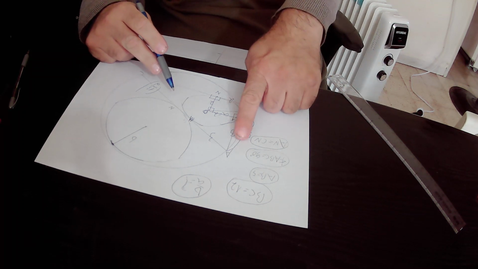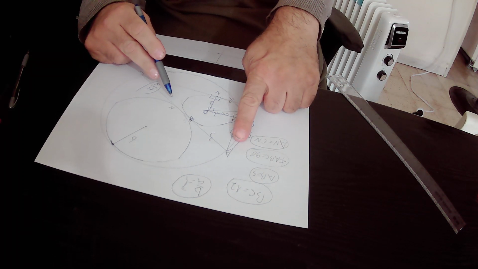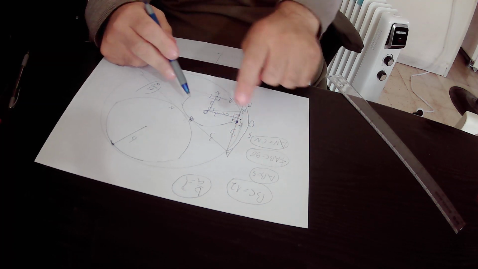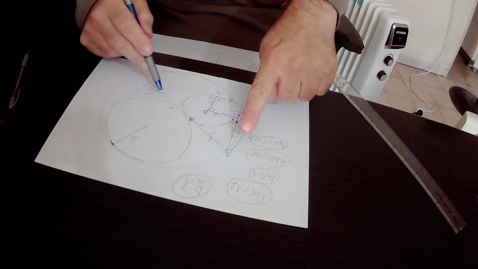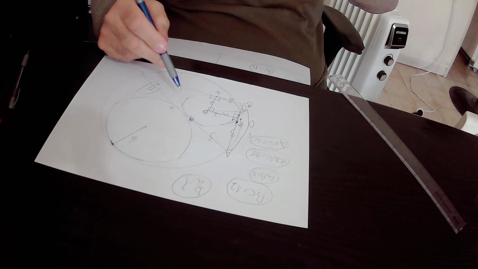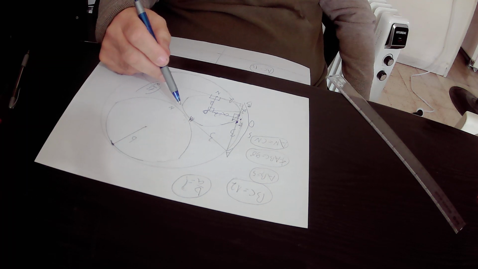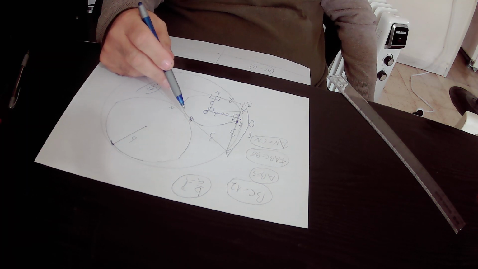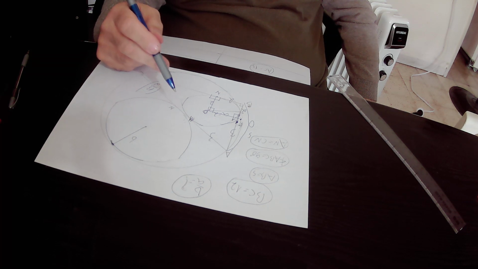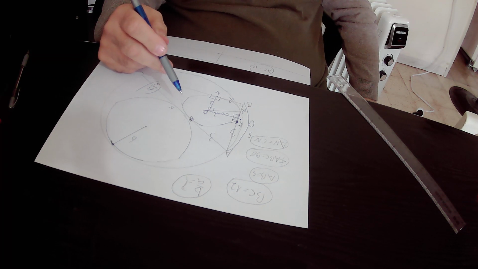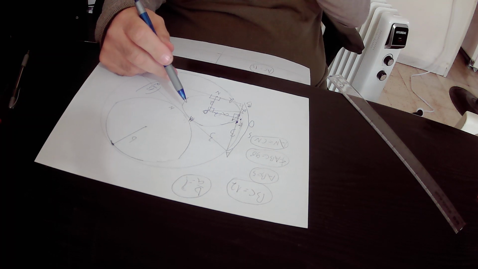We already found out that AN equals 7 over 2 units. AM is 3, so MN equals AN minus AM.